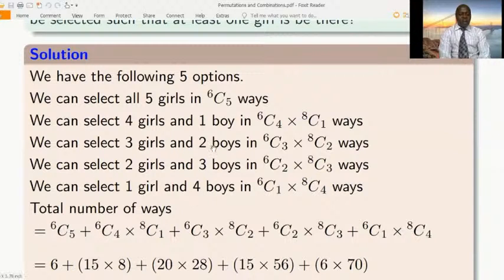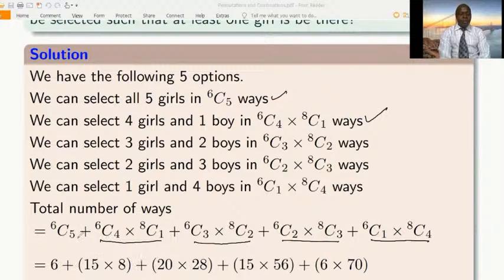So the total number of ways is the first way, plus the second way, plus the third way, plus the fourth, then plus the 5th way. And when you do that, this is what you get.